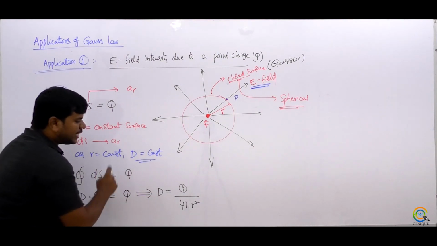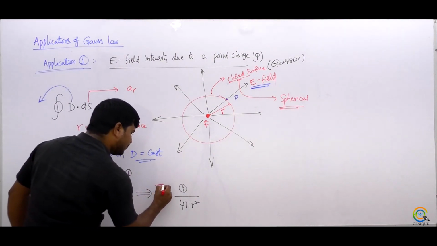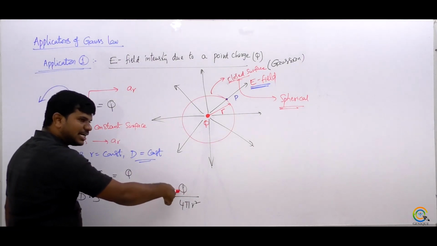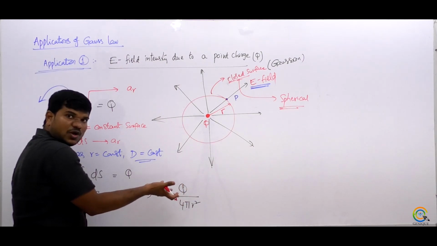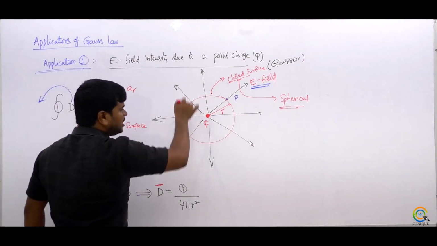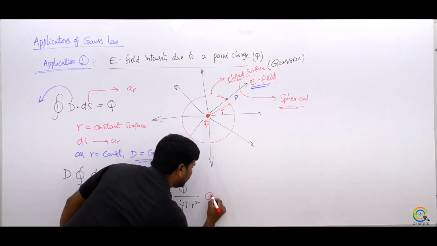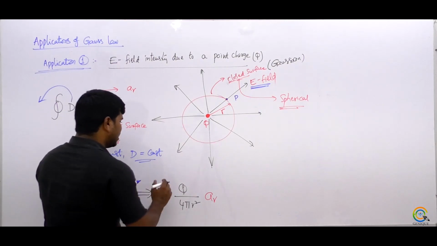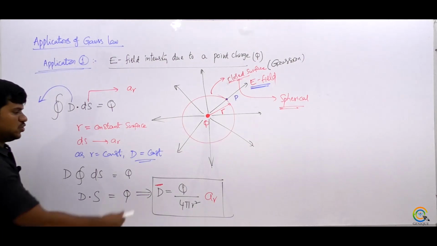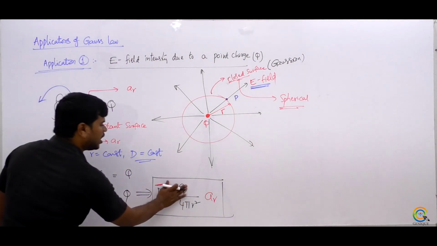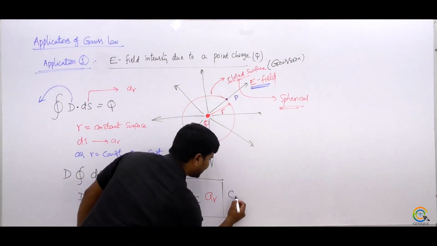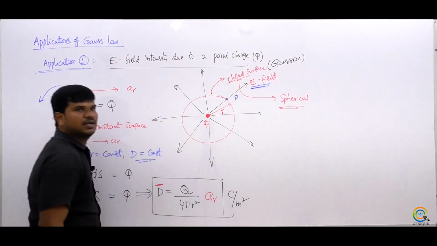Now what is this? Electric flux density. We know the electric flux density is a vector. The electric flux density is nothing but the electric field only. In which direction does it exist? It is radially outward, that means in the a_r direction. So D equals Q divided by 4 pi r square, with units coulomb per meter square.